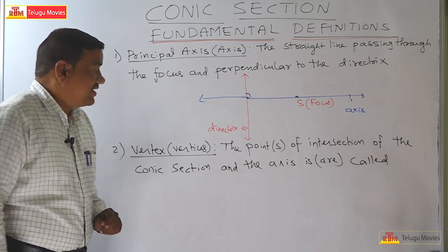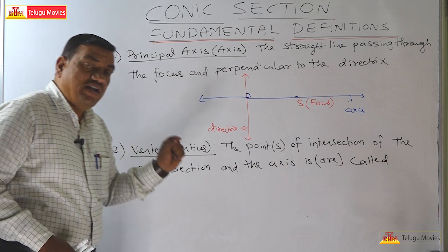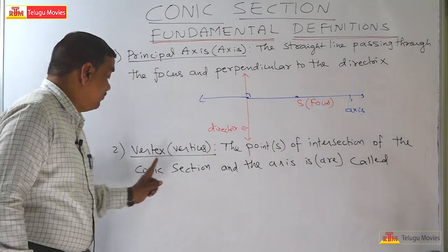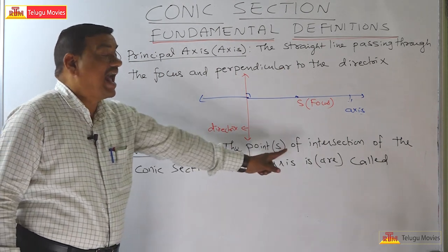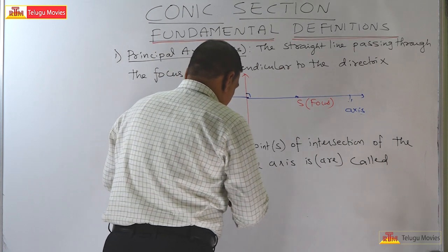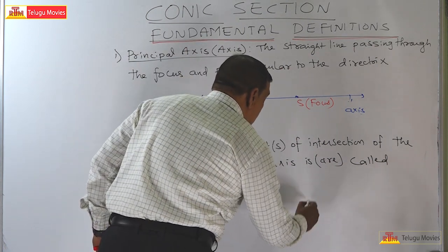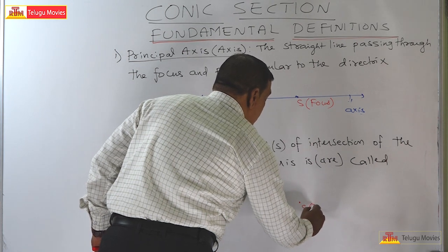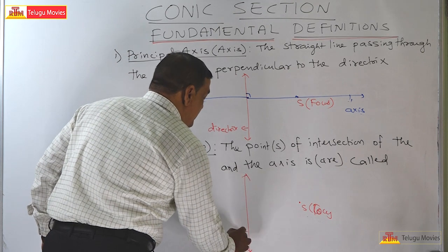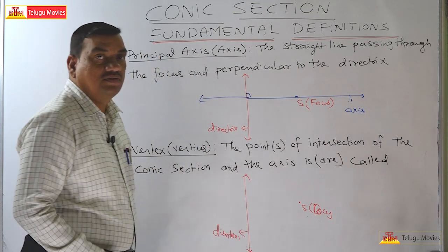What is meant by vertex? First I will explain vertex, afterwards vertices. Vertex means a point of intersection of the conic section and the axis. Let us see once again. Here S is a fixed point, which we are calling the focus, and this is a fixed line, which we are calling the directrix.